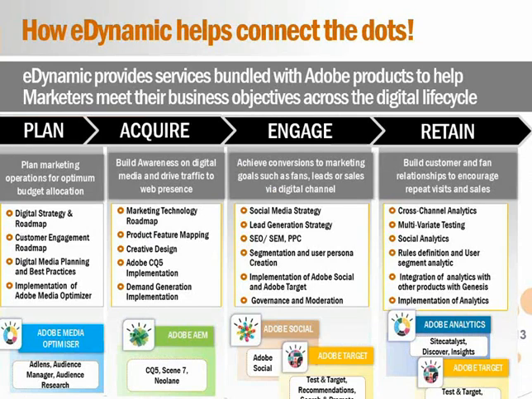So you actually need a strategy, you need tactics, and then you need enabling technologies, right? The enabling technologies part is very well done by Adobe, but the strategy and tactics part, alongside your marketing organization, is done by an organization like eDynamic. So what we really help our customers with is defining a digital strategy.